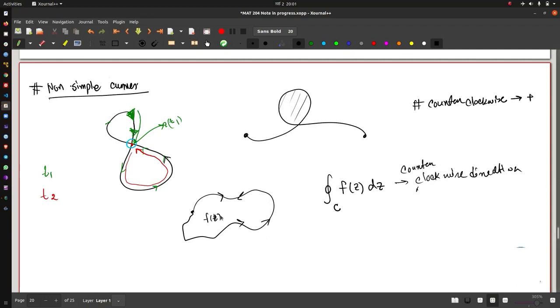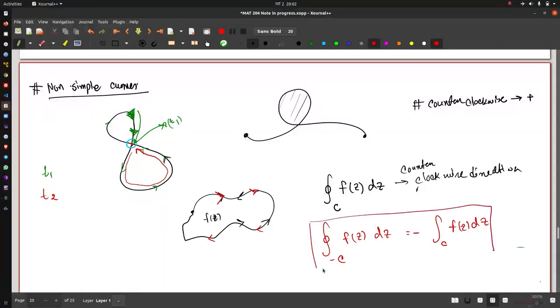Then if you want to do it in the clockwise direction, let's say denote it with the red lines like this, you would write it as minus the integral over c of f of z dz. That means the results are just opposite to each other, there is a minus sign in play. So how do we get this? I'll get back to it in a minute.